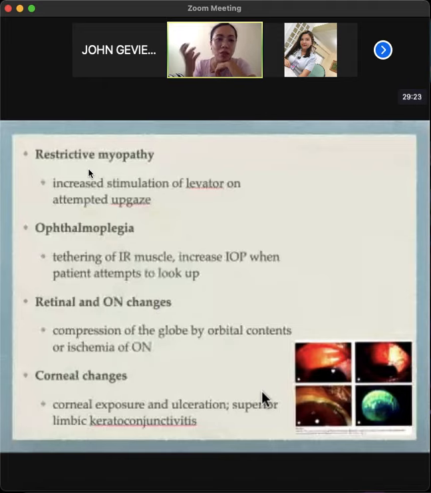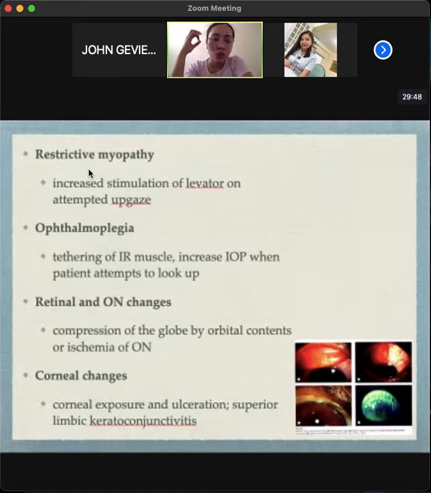If there is severe compression of the optic nerve, you can see ischemia of the optic nerve, or there may be swelling or blurring of vision once the optic nerve is compressed by inflamed orbital contents. And since they can't close their eyes, there is lagophthalmos.